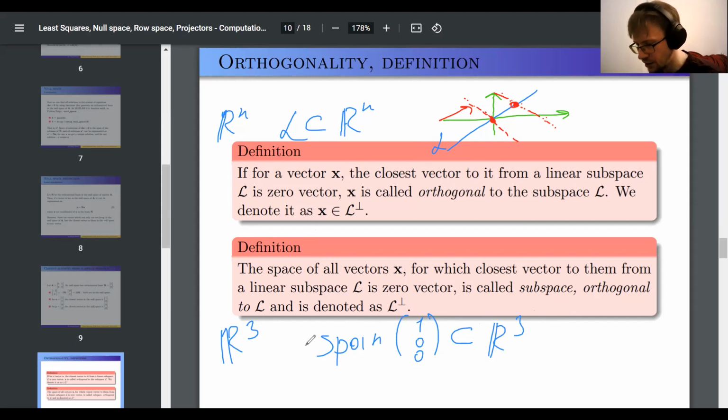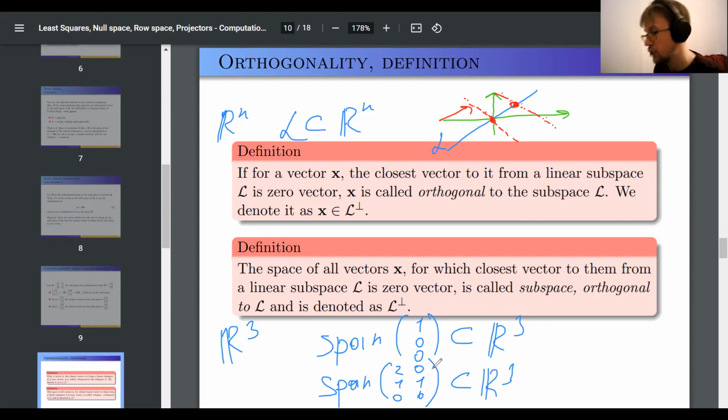But in itself, this span is one-dimensional. Sorry, I'm writing it badly, but the dimensionality of the span is 1, while the ambient space is 3. The span of, let's say, (2, 0, 1) and (1, 0, 0) would also be a subspace of R3. But the dimension would be 2.